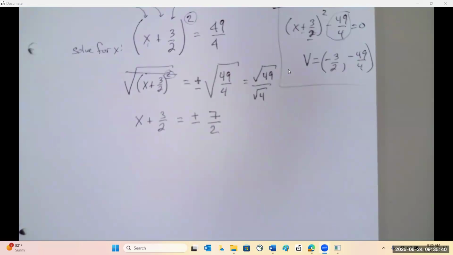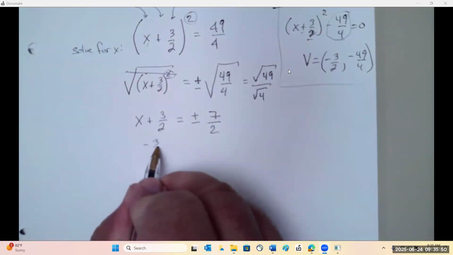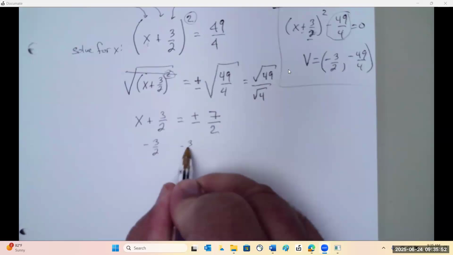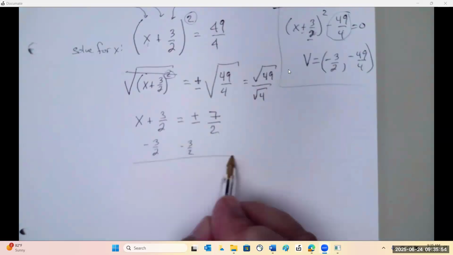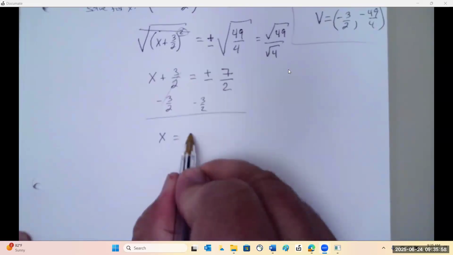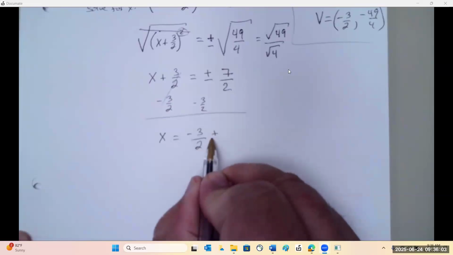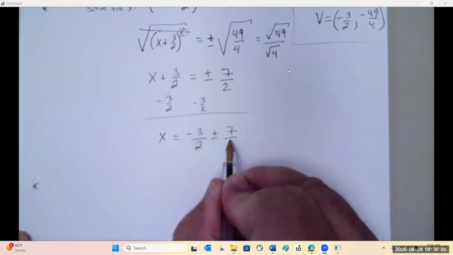What's my next step? Move the 3 over 2 to the other side. We're solving for x. So we have to subtract 3 over 2 from both sides. So we have x equals negative 3 over 2 plus or minus 7 over 2.